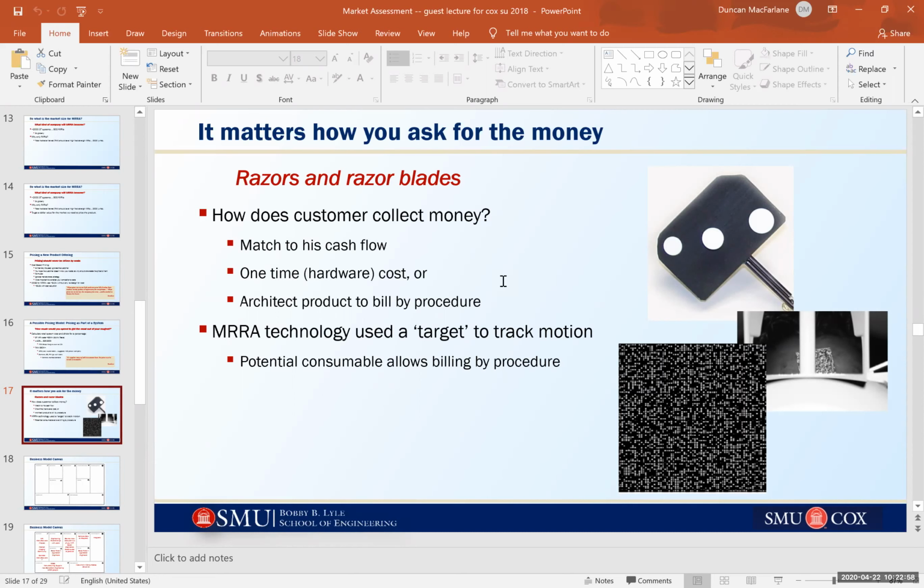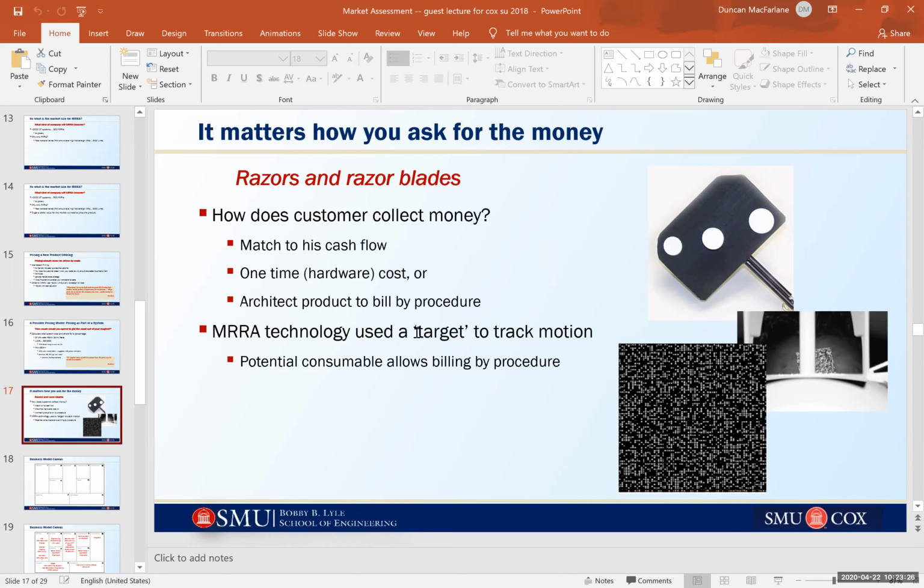And so if this money is flowing in, then you can match your revenue take to that cash flow. If you can redesign your product in such a way as to bill by procedure, you could dovetail nicely with the money flow of the particular market.